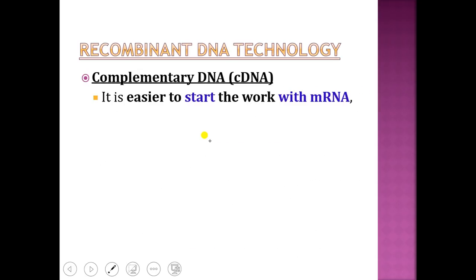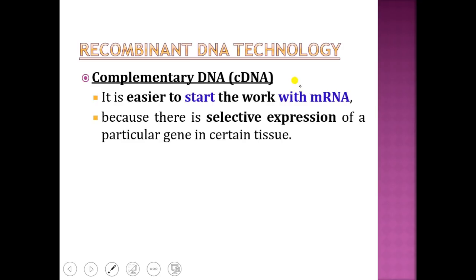The complementary copy of DNA is a simpler process compared to identifying a particular gene from the cell. We have to start with the messenger RNA, because any protein that is selectively produced in a particular cell is produced because of selective expression of that particular gene.